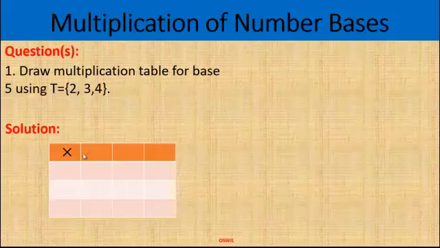Then what is left is to write the values given in the first row and in the first column, starting from the smallest value to the biggest value. So 2 first, 3, and then 4. Then down the multiplication sign, we write the same numbers, 2, 3, and then 4, as you see on your screen.